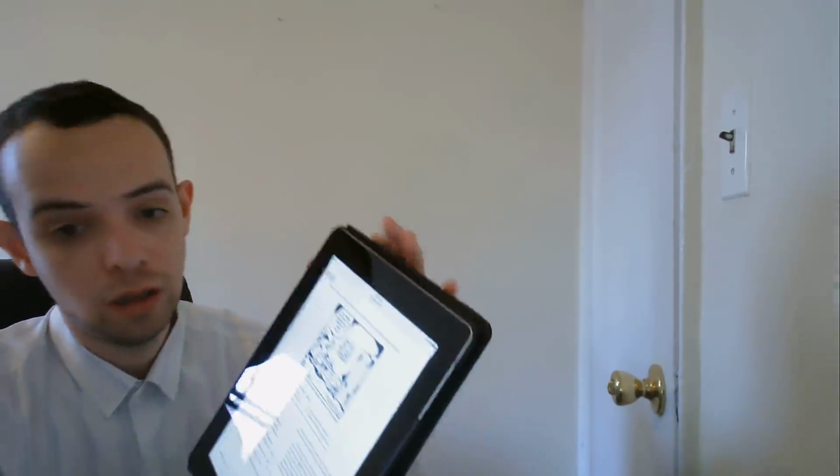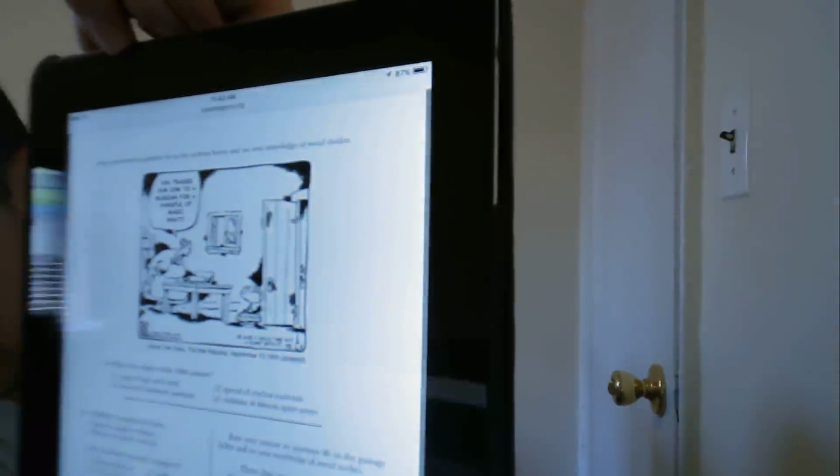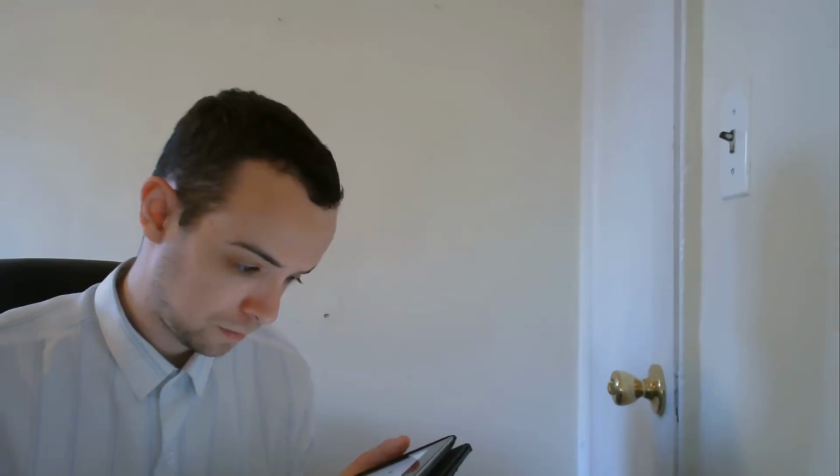Alright, so let's see. Look at this. Political cartoon. Oh, she looks scary. Let's see. You trade a car to a Russian for a handle of magic what? And it says plutonium.